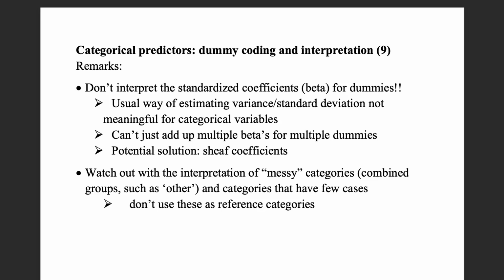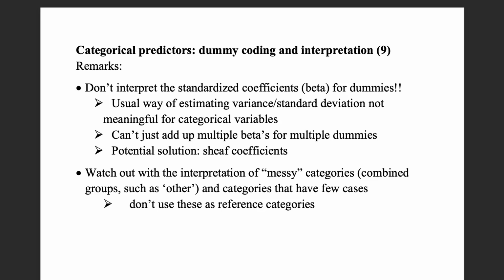So what you then need to do is somehow group them into this other category, which we did in our example with the other religious denominations. Not because we don't care about these other religious denominations, but because they are so small that if you take a sample from the Dutch population, then the number of cases you have within that sample within each of those smaller religious denominations is so small that you can't really meaningfully statistically analyze these differences, but you still somehow need to have a category that covers those cases, so you create this other category, and that's something that you will often have to do.